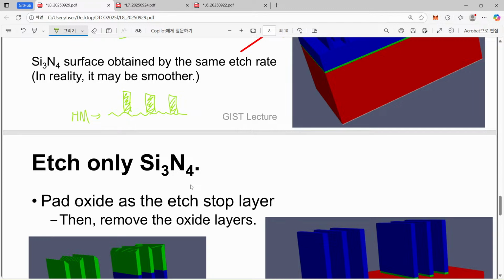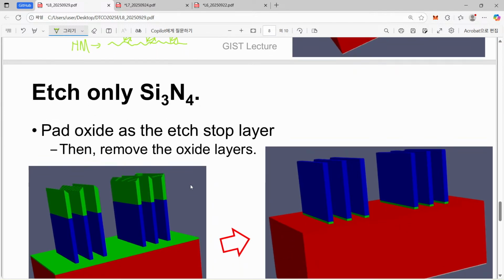Then later, now we can etch only silicon nitride. Of course, once again you can ask me this question, is there any material which can selectively etch silicon nitride and keep silicon dioxide? Yes, we can find those etchants.